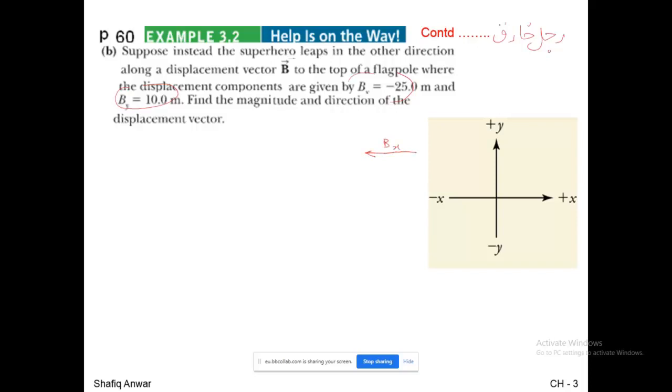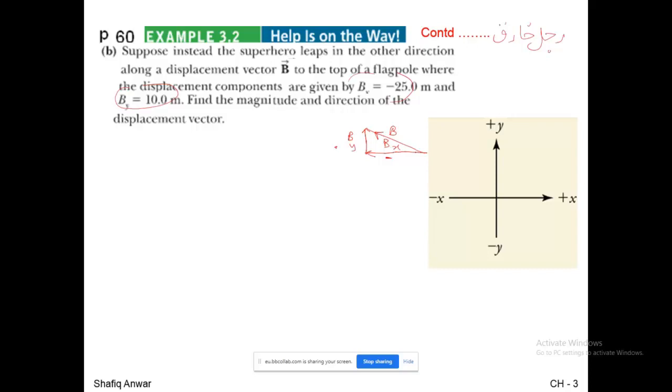Bx is in the minus direction, and the y component of B is plus. Up is plus. From the beginning up to the end here, this is your B. This is Bx, this is By, and this is B.